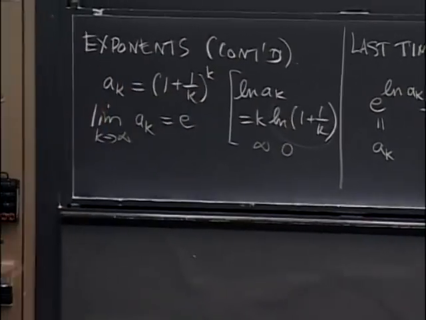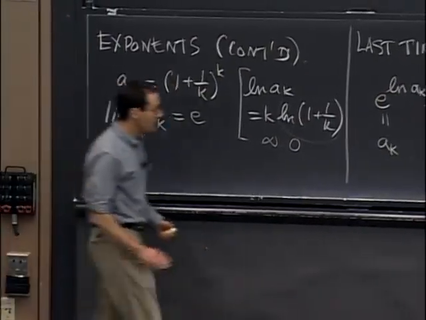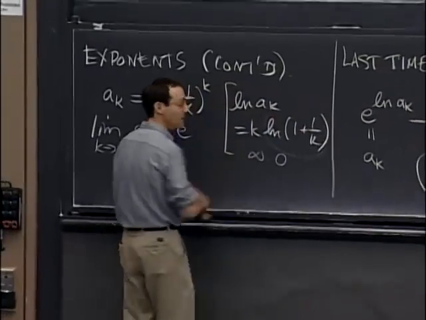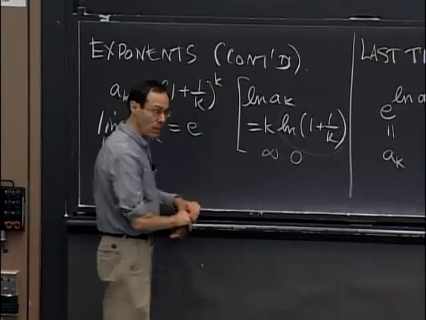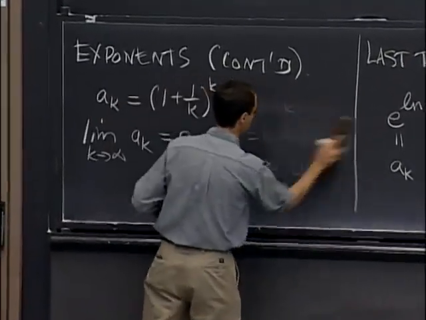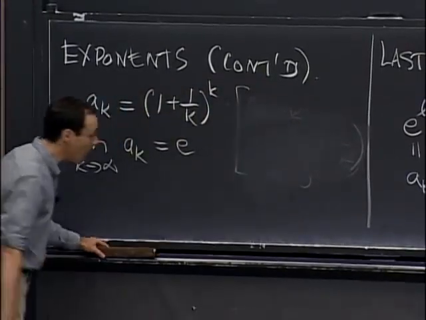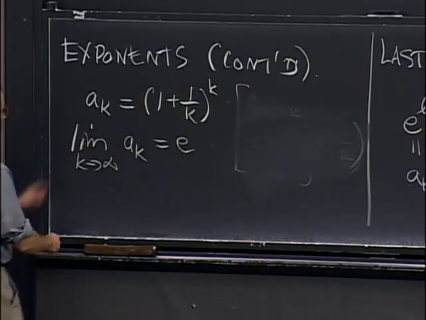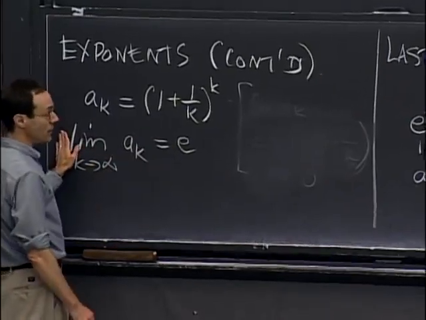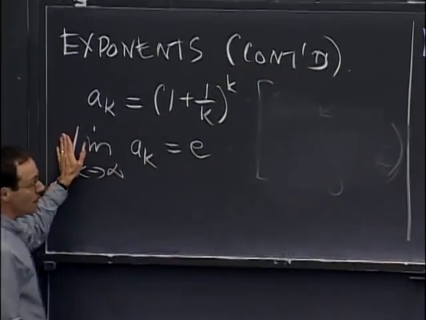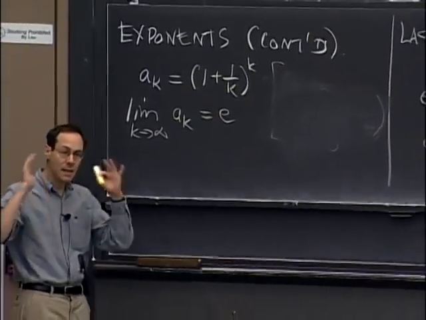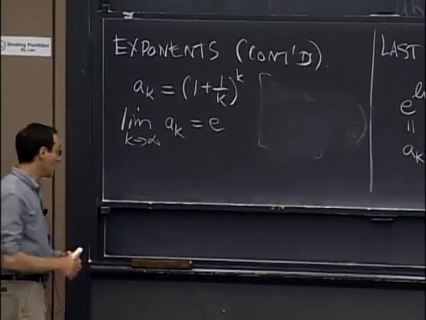Now, I'm sorry, I'm going to erase this aside here, but you need to go back to your notes and remember that this is what we did last time, because I want to have room for the next comment that I want to make on this little blackboard here. What we just derived is this property here, but then I made a claim yesterday, and I just want to emphasize it again so that you realize what it is that we're doing.